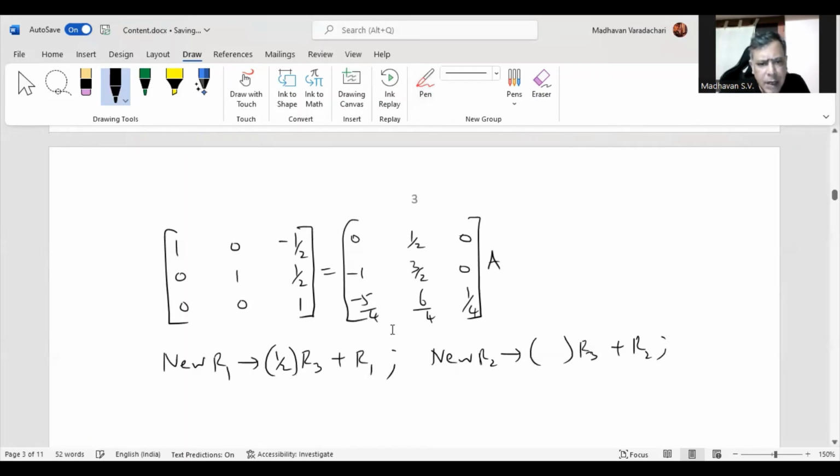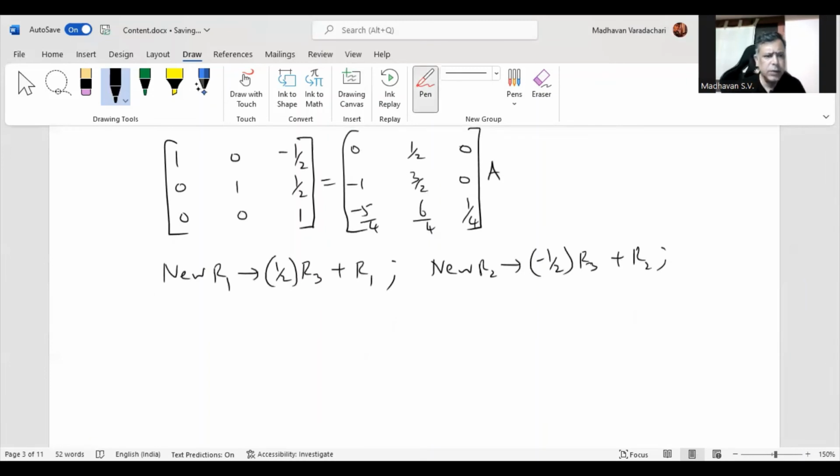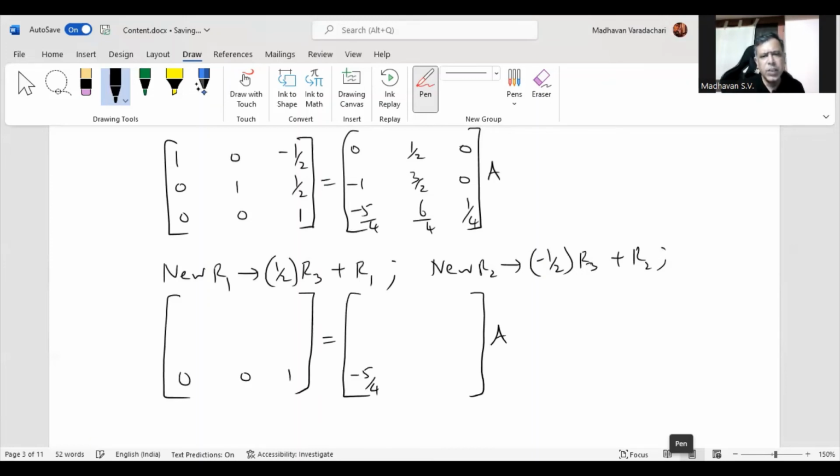So here I am targeting this, so I need to take the opposite sign of that, which is negative half. So now applying that, our row 1 and row 2 will be changing, but row 3 will remain the same. So we will copy that row 3 as it is, minus 5 by 4. 6 by 4 can be written as 3 by 2, and this is 1 by 4.